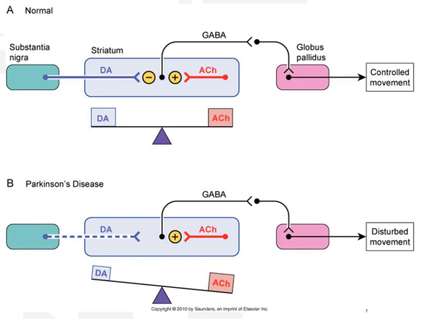What you see here is that dopamine, or DA as it's abbreviated on the slide, is released from neurons that originate in the substantia nigra, which is the green box on the left side of the screen. This dopamine inhibits the firing of neurons in the striatum that release GABA, or gamma aminobutyric acid.